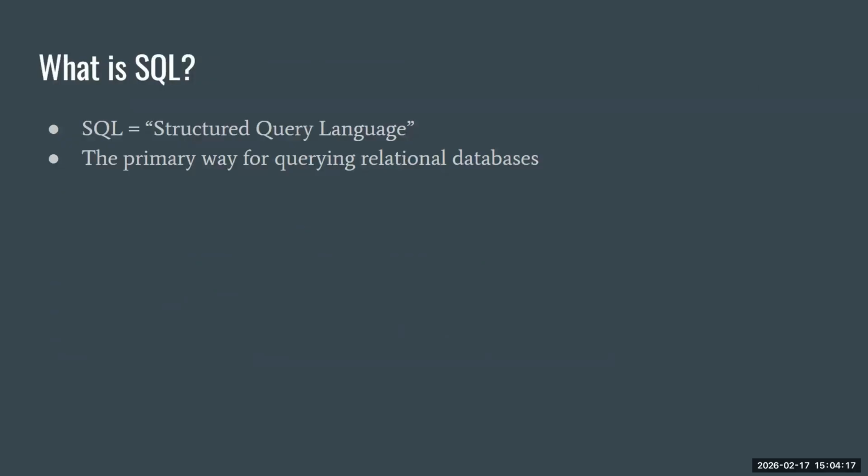It stands for structured query language. And it is the primary way for querying relational databases. It was invented after relational databases were postulated and defined. But nevertheless, it became the industry standard for getting access and modifying data in relational databases.